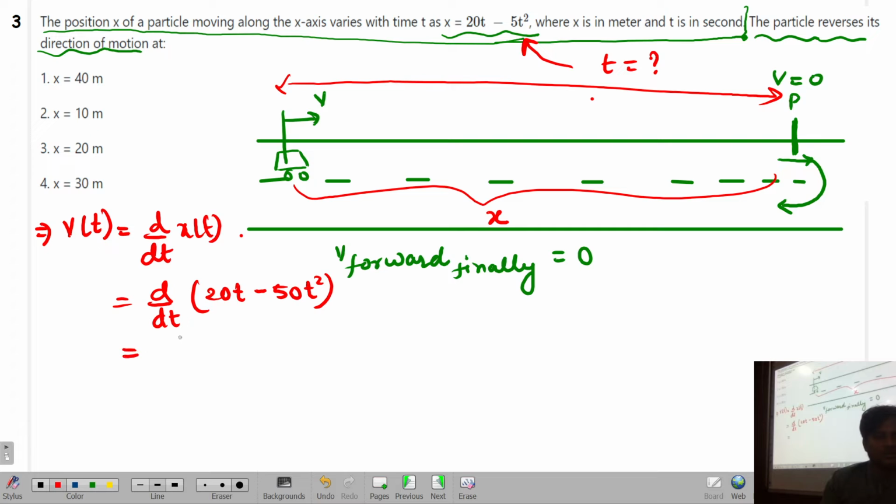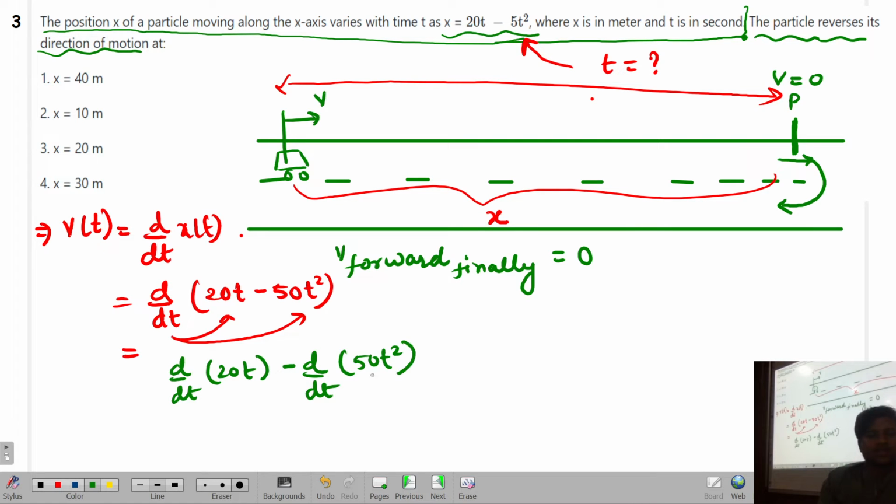So what I need to do first is apply this differentiation on both of the terms. d by dt of 20t minus d by dt of 5t square. Now look over here, 20 is a constant, 20 will come out, d by dt of t to the power of 1. Minus 5 will come out also, d by dt of t square.